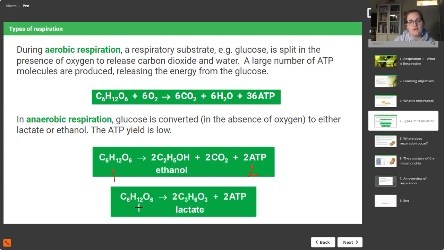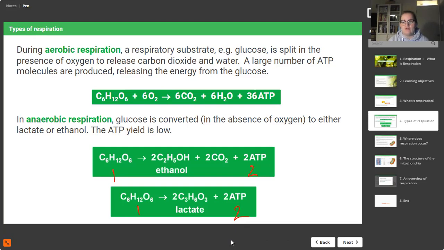Same process when it's lactate: 1 molecule of glucose only produces 2 molecules of ATP. So it is not as energy efficient. Really useful when it's needed, but it's another reason why we cannot rely on anaerobic respiration all the time. So there are 2 types of respiration. The whole point of respiration is to basically make ATP.